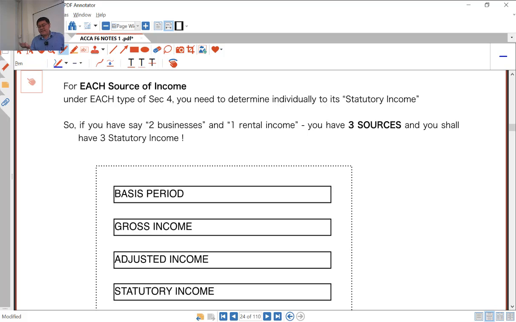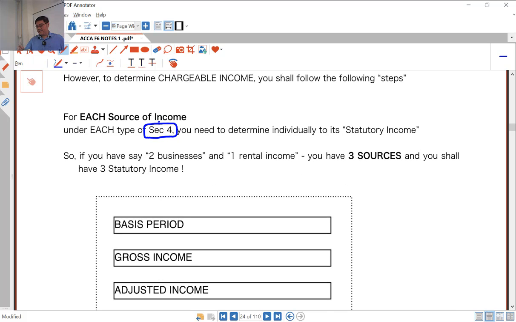Now, the basic concept of getting chargeable income is this. Remember, you have types of income under Section 4, which are 4A until F. Correct or not? Business, employment, dividend, rental, pension, and other.